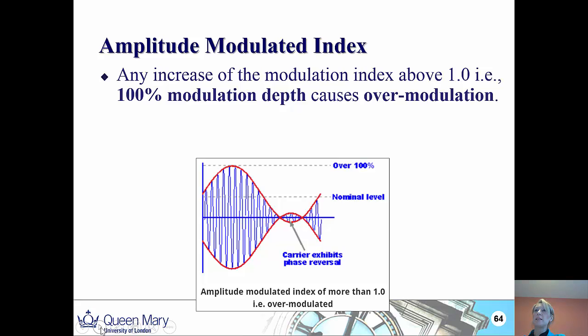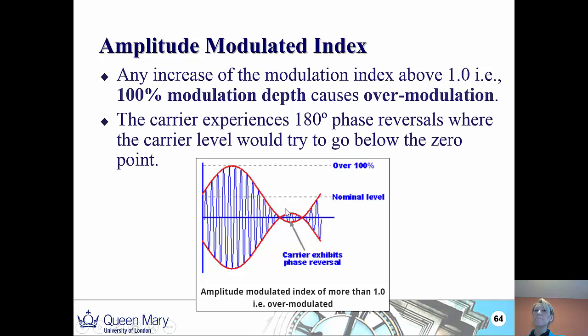Any increase of the modulation index above 1, above 100% depth, causes overmodulation to occur. So the carrier level would try to go below the 0 point.